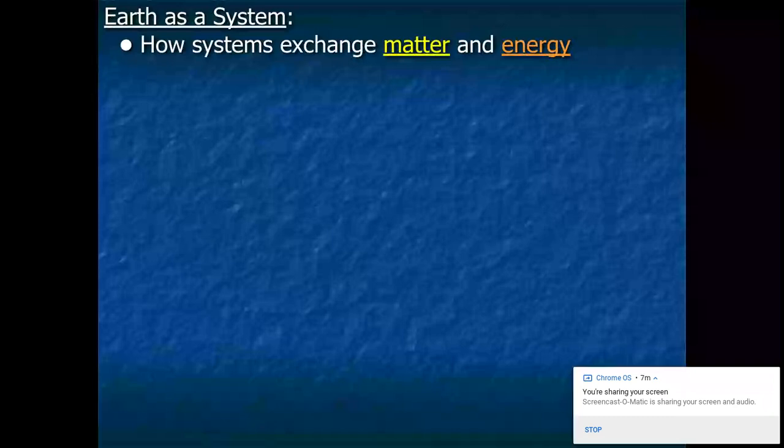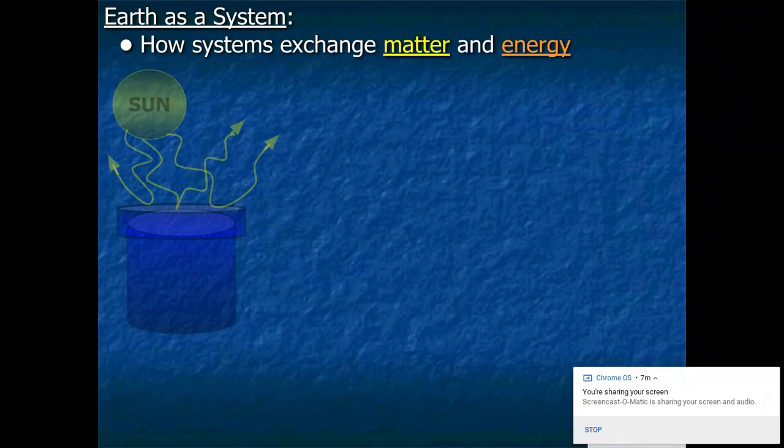And so we're going to define matter as everything and anything. And we're going to define energy as the ultimate source of energy, the sun. So really what we're going to look at are some scenarios of how systems can exchange matter and energy. And then we're going to decide what type of system with respect to matter and energy the Earth is.